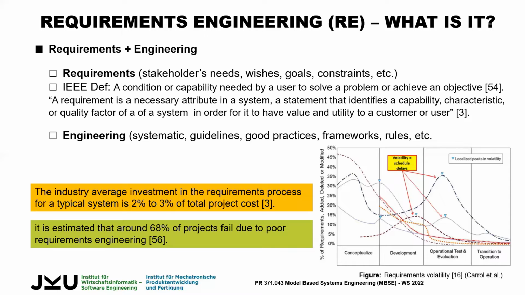The industry average investment in the requirements process for a typical system is 2 to 3%, so if your total project cost is, say, 1 million, only a small fraction is spent on requirements engineering, gathering or solicitation.